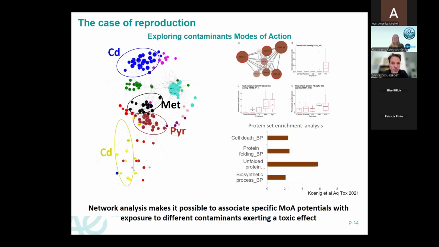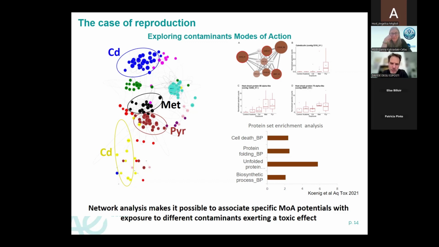And indeed we were able to see that, and we identified in particular many different modules, groups of proteins, of which 4 were statistically associated to the different exposures, and in particular the pyriproxyfen results, where on the right side you will see a subnetwork of proteins that are associated to pyriproxyfen.